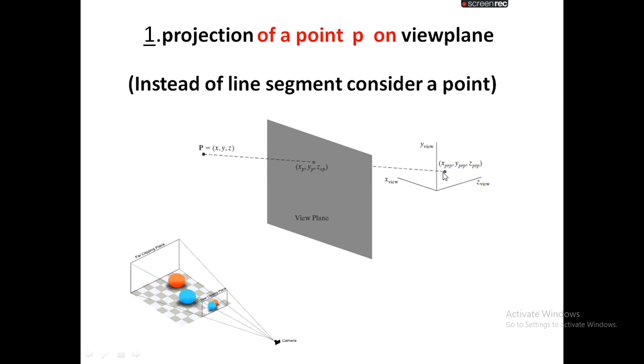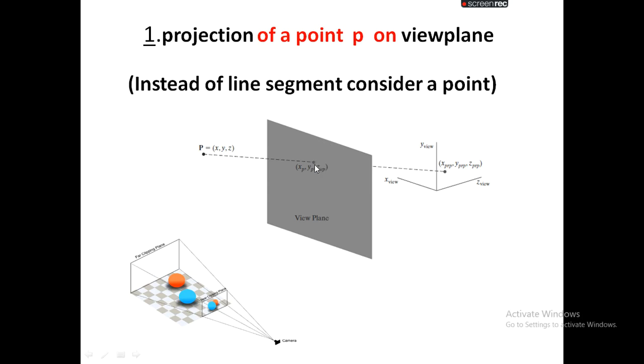Now when these projection lines pass through the projection plane and intersect the point P, that intersection point creates a point P dash on the projection plane.